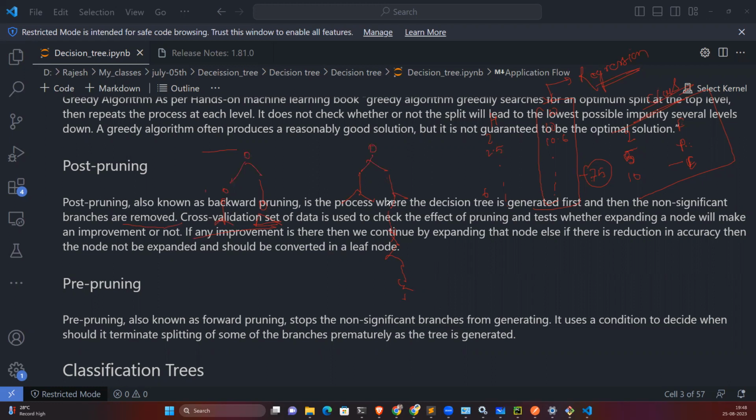In some cases, after taking a decision, we find some of the questions we asked were unnecessary. Unnecessary questions we asked to take a decision, so those questions we can cut down. This is called post pruning.